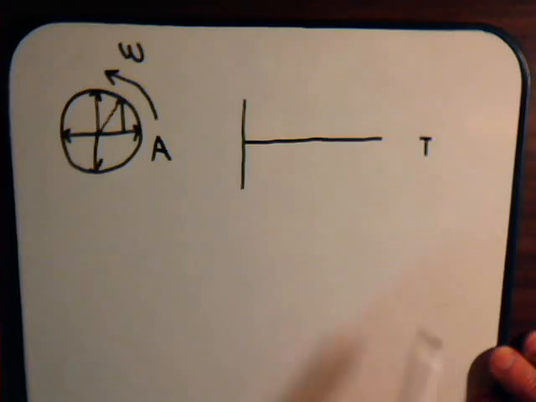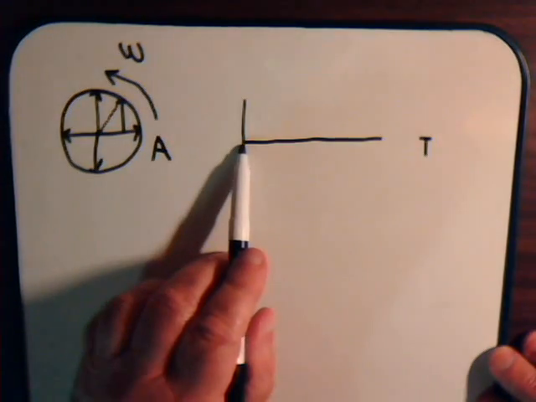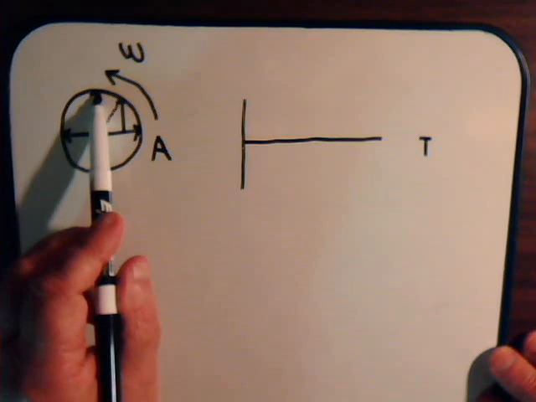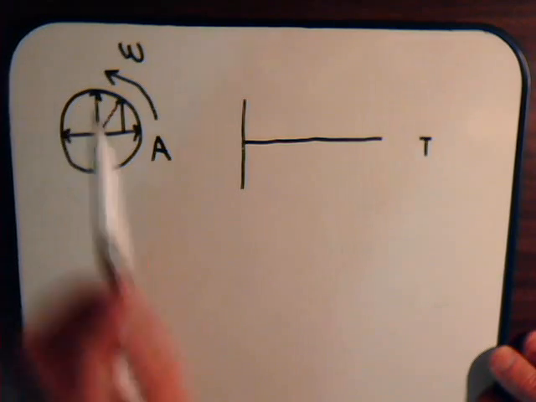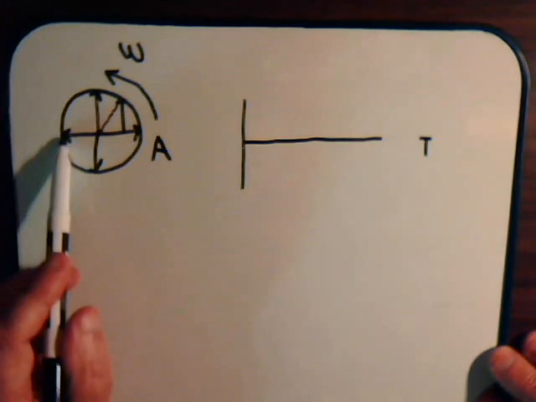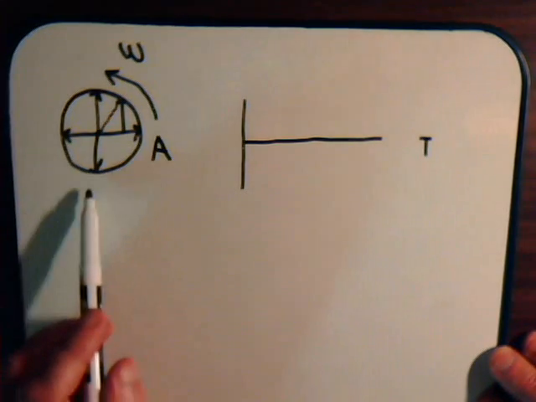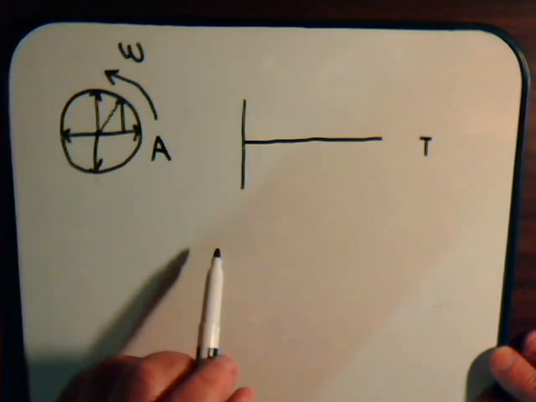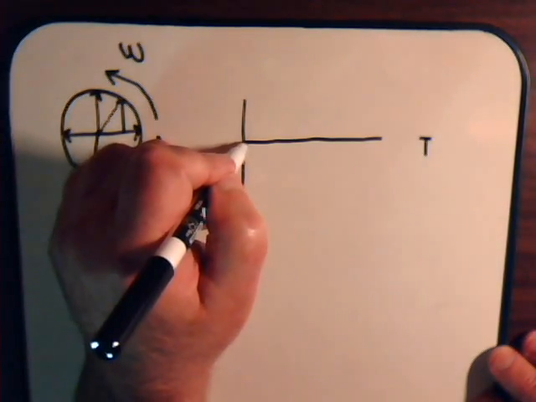So if we start at t equals 0, the height is 0. Then when we're here at 90 degrees, or pi over 2 radians, then the height is going to be A. Then here it goes back to 0 again. Then it's minus A. Then it's going to be 0 again. So it would look something like this.